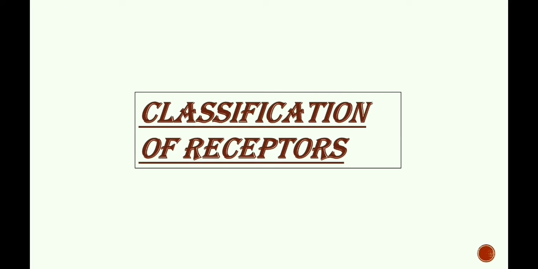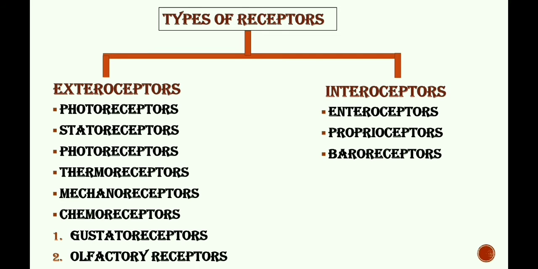Now, we'll start with classification of receptors. Receptors are classified on the basis of their location, function, and their sensitivity to specific stimuli. So, if we see the types, there are two types of receptors, namely exteroreceptors and interoreceptors.